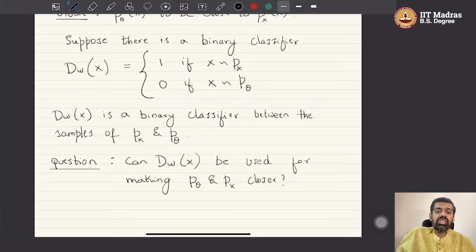Can we use this classifier to make p theta and P X close to each other?